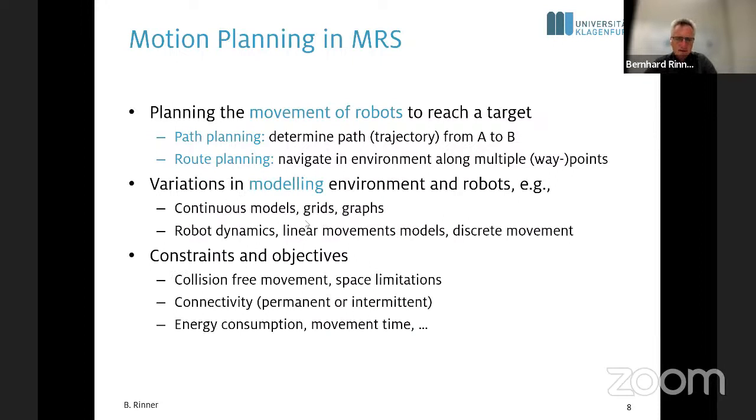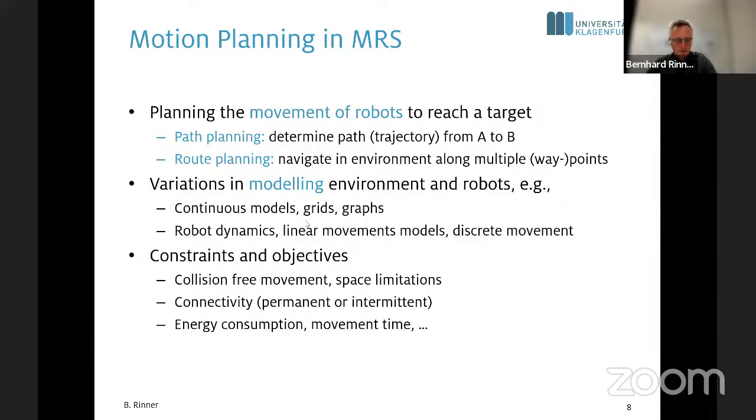How to implement planning and coordination strongly depends on how we model the environment and the robot. We can do continuous models, we can do abstract models like graphs or grids, and naturally there are also quite some differences in how we model the dynamics of the robots, whether we have very detailed physical movement, or whether we are just concerned about establishing linear movements for the model. Typically we have different constraints and objectives to consider.